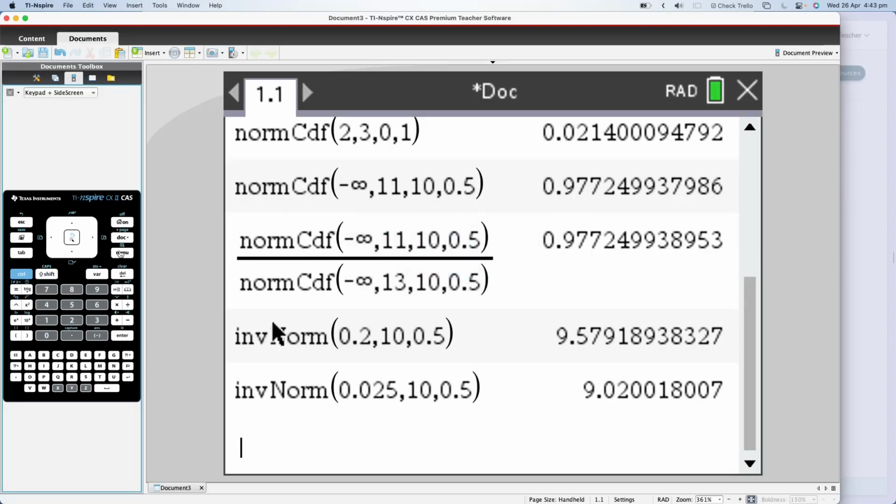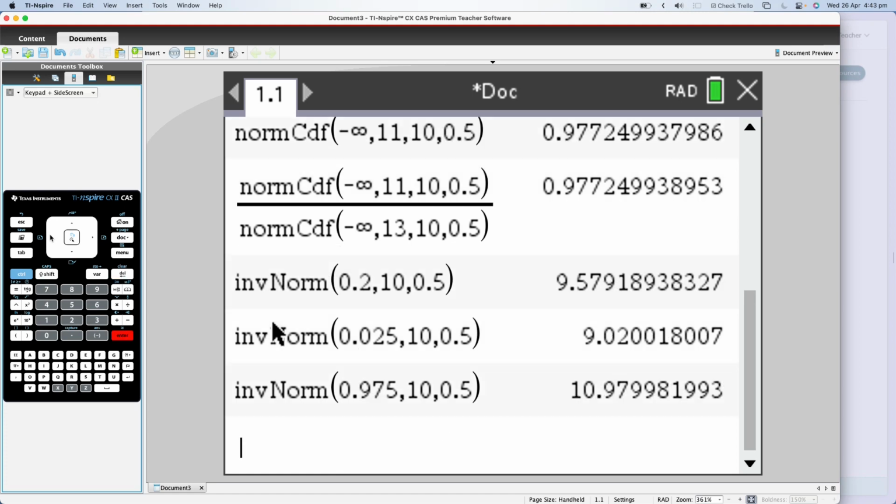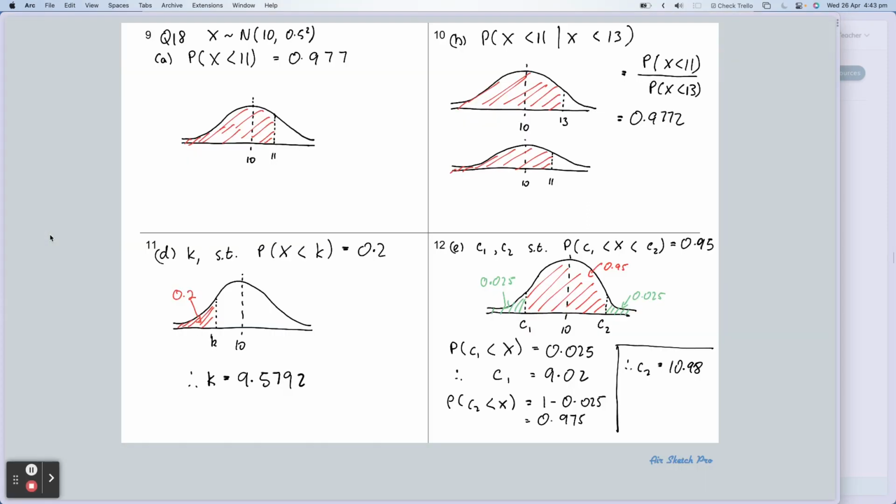okay, off to our calculator, and away we go. This time I'll use my arrow keys just to make it a little bit faster, maybe. Press enter. That brings it up again. Now I'm going to use my arrow keys and change the 0.025 to 0.975. Like so, and that gives me 10.98. Okay, so switching back, there's my two values.